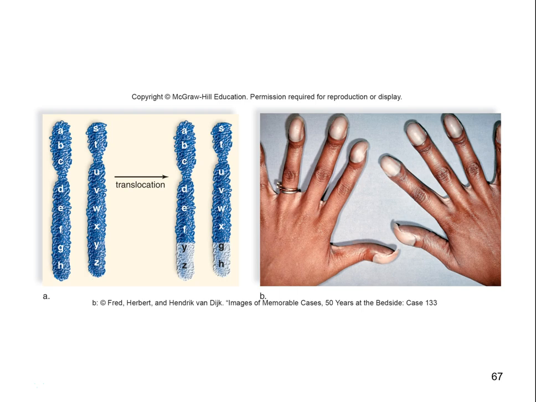So you actually have these club fingers that are characteristic of this syndrome as well. If you went to a geneticist or a genetic counselor, or a clinician, and they saw this characteristic clubbing of the fingers, it would indicate to them that you might have this syndrome.